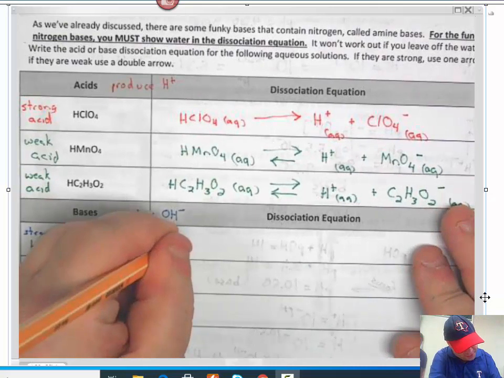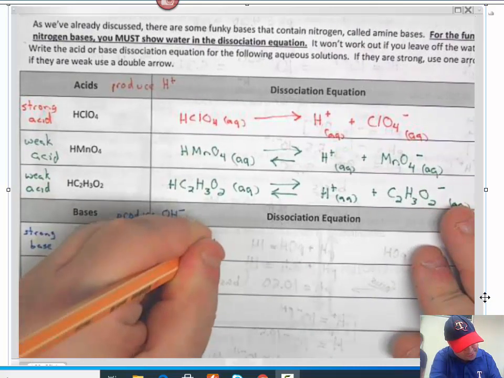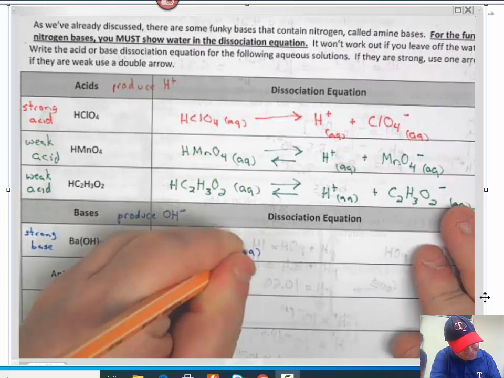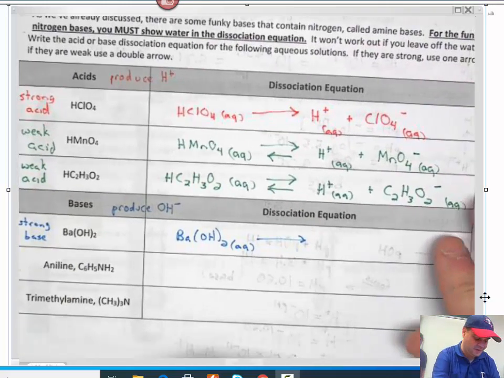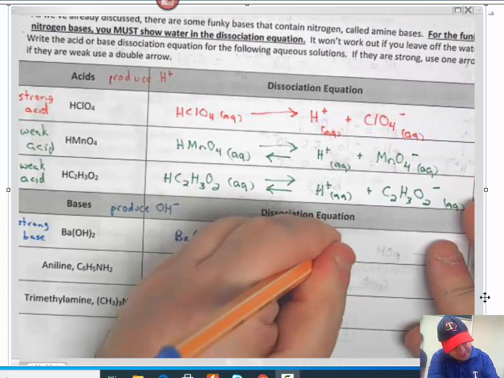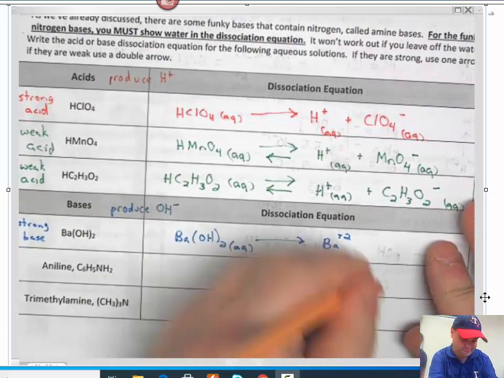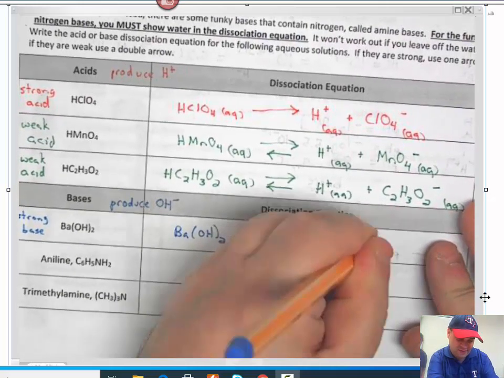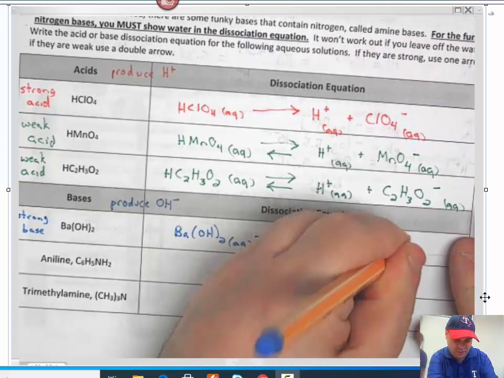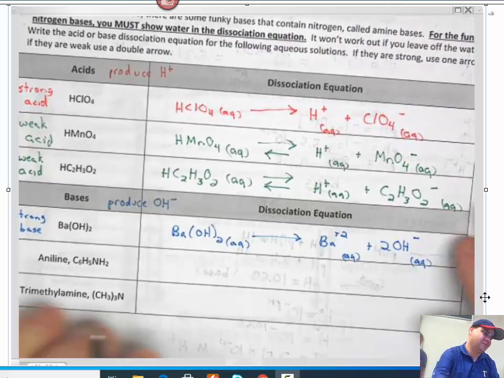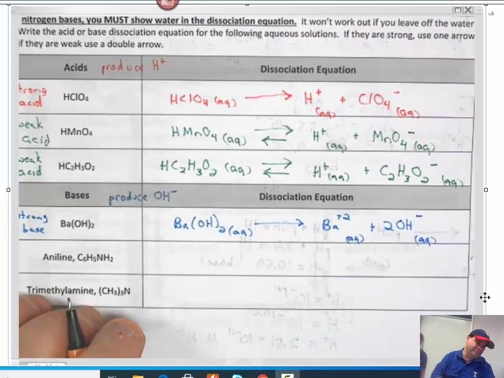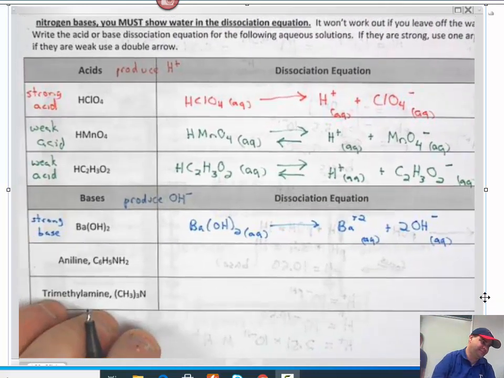So we are going to take Ba(OH)2, which is aqueous. We are going to have a one-way arrow because it's strong. It is going to produce barium ion, which is aqueous, and 2 hydroxide ions, which are aqueous.